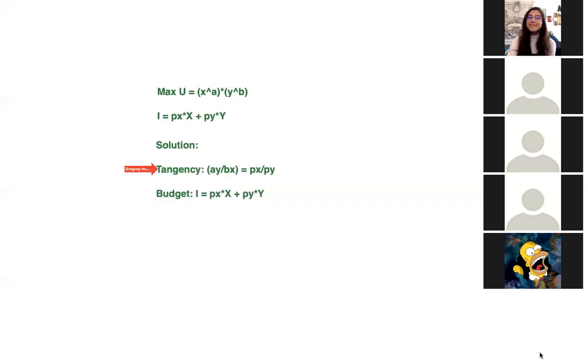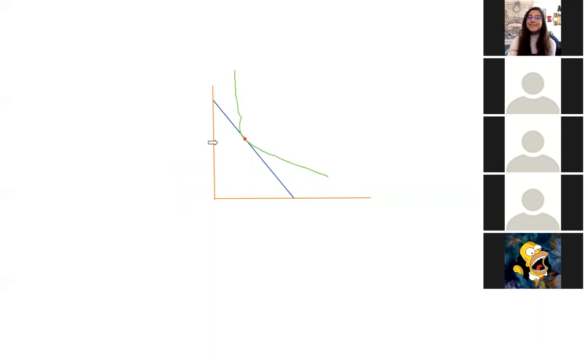And so this may be a little bit counterintuitive, or maybe not. I don't know. You can tell me, Miriam, what you think. So this is the slope of one indifference curve. Okay.